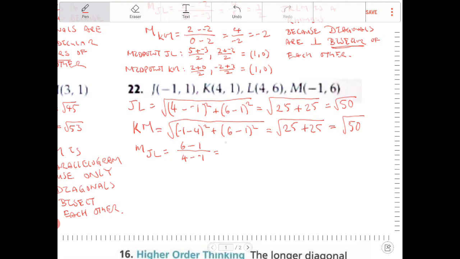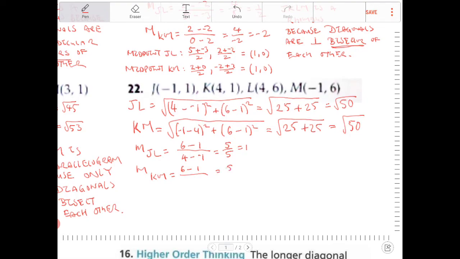So that would be 5 over 5, which is 1. The slope of KM is equal to 6 minus 1, which is 5, and negative 1 minus 4 is negative 5. So that's negative 1.